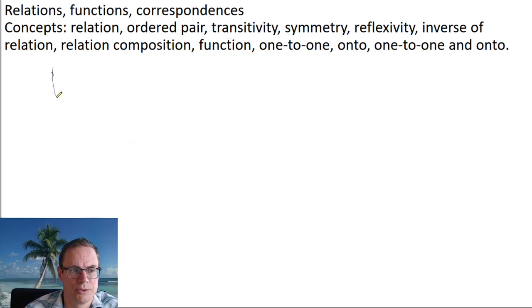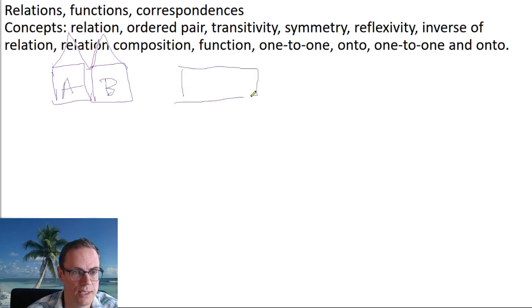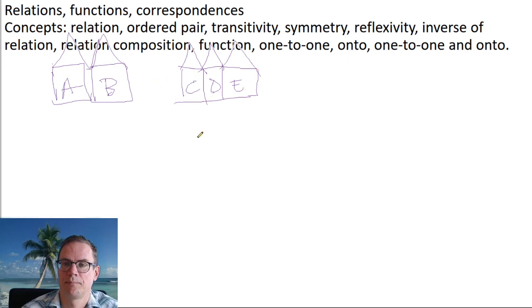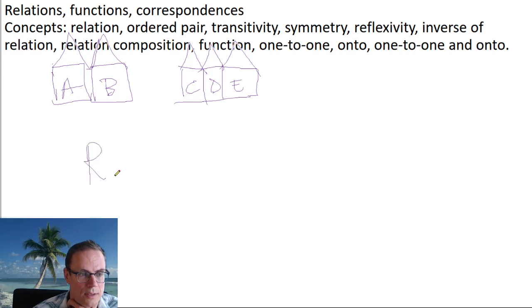But some other relations do. Let's imagine two homes and they are neighbors of each other. A and B are neighbors. And then here we have C, D, and E, and these are neighbors, right? C is a neighbor of D and D is a neighbor of E. Well, that's symmetric. If R is being a neighbor of, then RAB holds, but RBA holds as well.